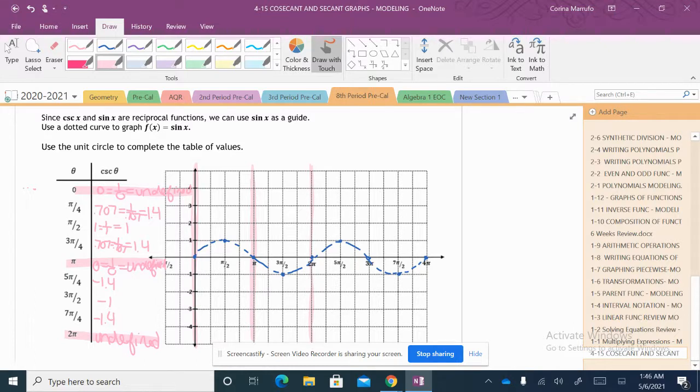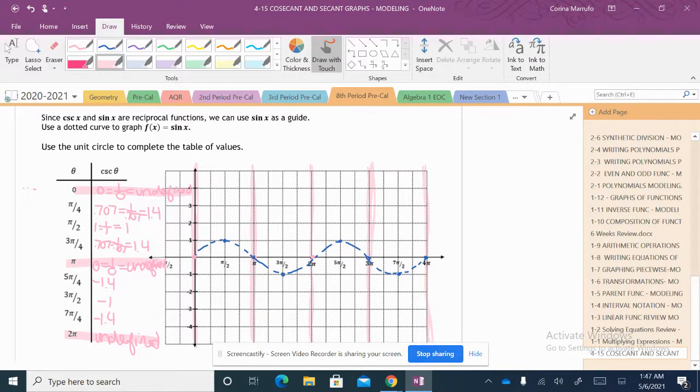If you notice, every time it crosses the x-axis, that's when we have an asymptote. So I'm going to draw another asymptote right here at 3 pi, and another one at 4 pi.